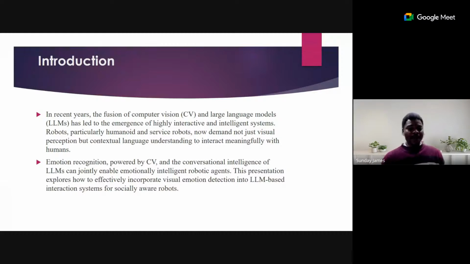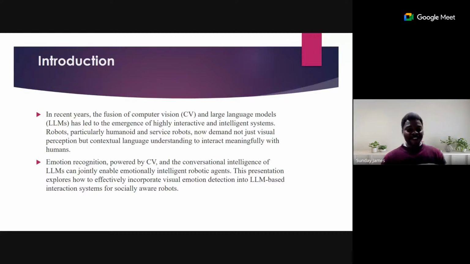Emotion recognition powered by computer vision and the conversational intelligence of large language models jointly enable emotionally intelligent robots. The large language model can understand the emotion extracted from computer vision. The work of computer vision is to detect how the human feels by using cameras and training convolutional neural networks to detect patterns or embeddings in the facial expression of an individual.